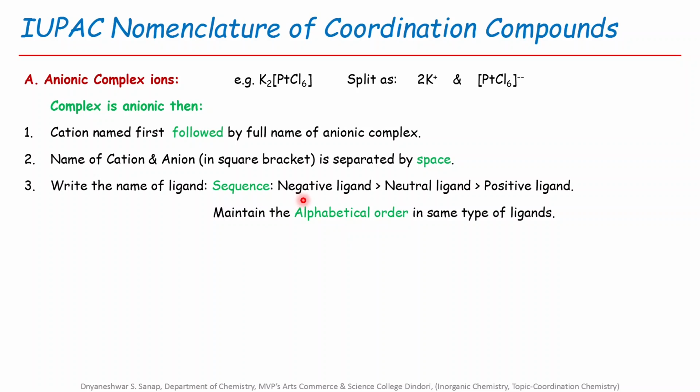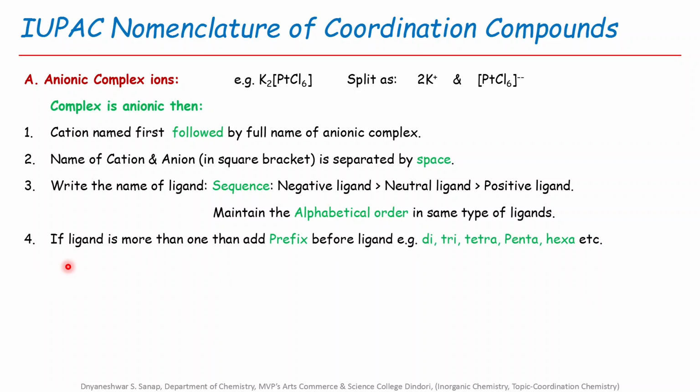That means when two or more negative ligands are there, we write them in alphabetical order from A to Z. Similarly for neutral also, similarly for positive also.